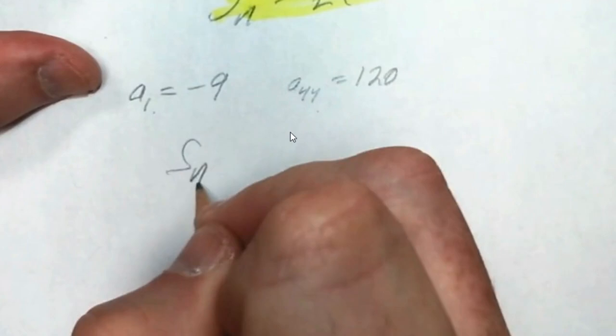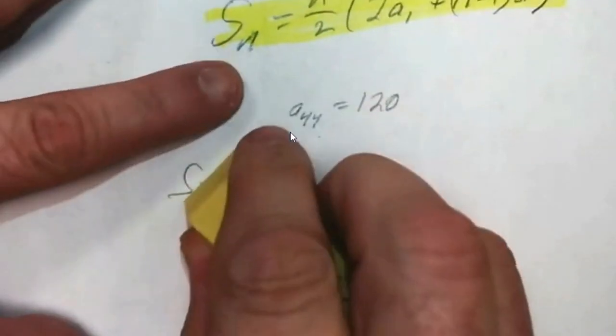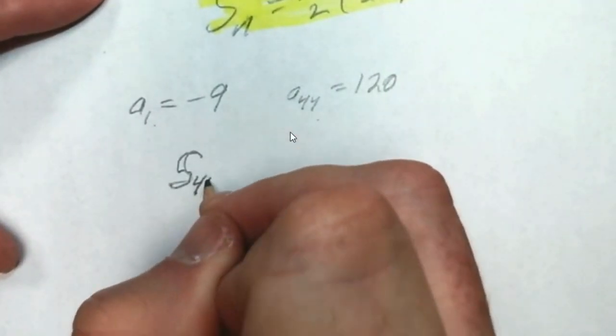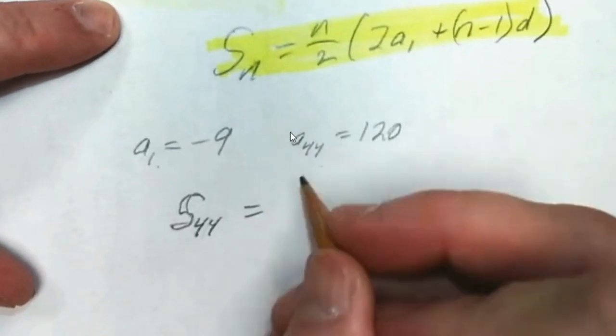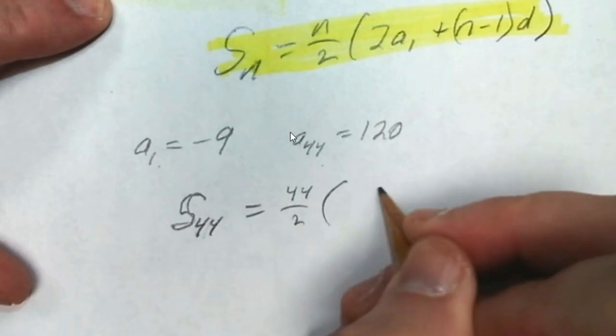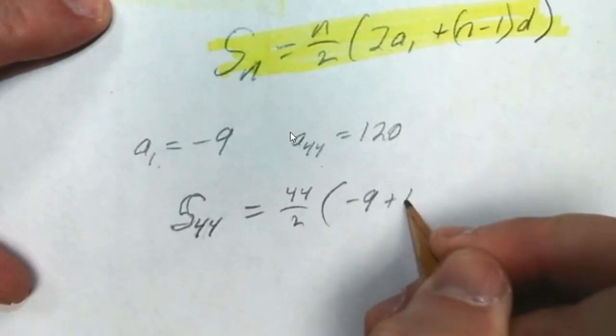The sum, oh, I don't need to put n in because I know how many terms there are, because they told us there's 44 terms. So the sum of those 44 terms is 44 divided by 2 times negative 9 plus 120.